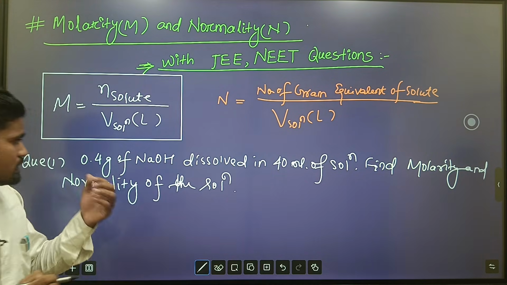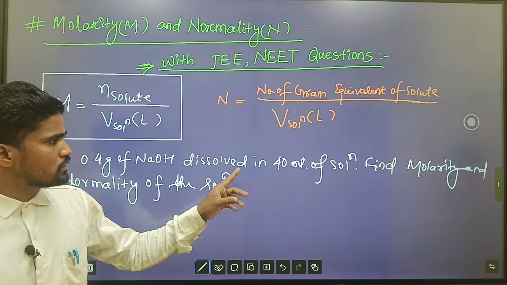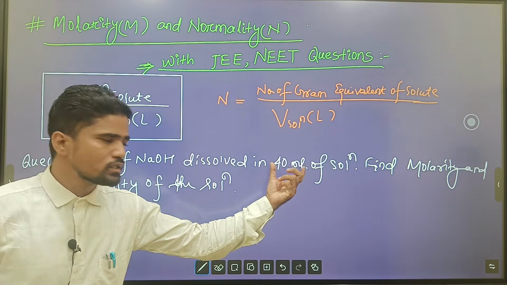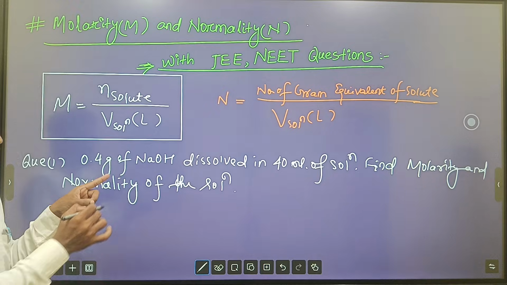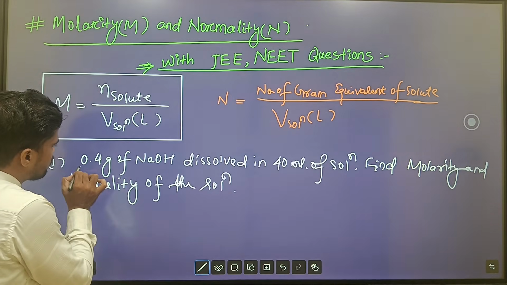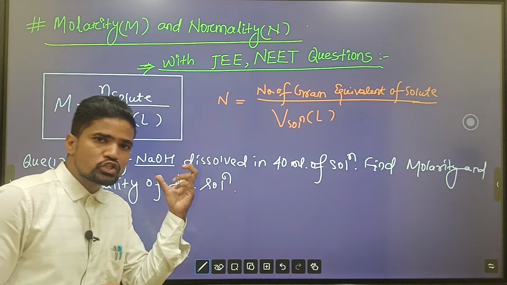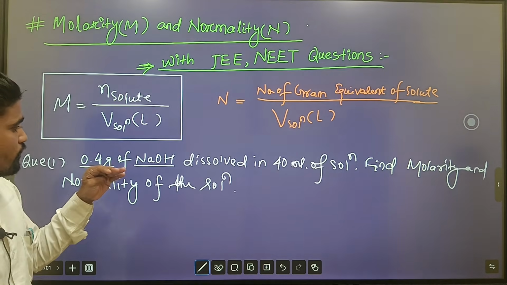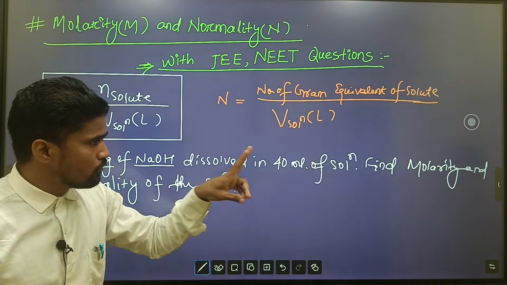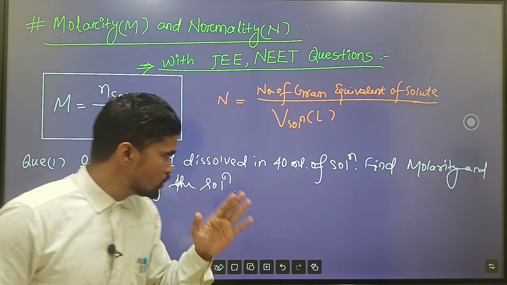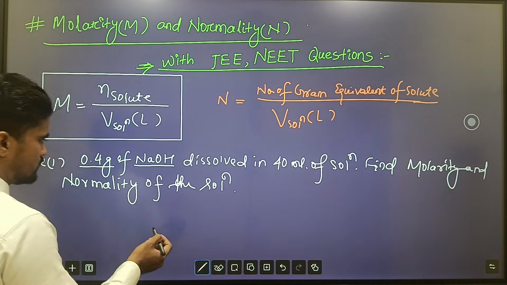That means here is given one solution of 40 ml, in which 0.4 gram of sodium hydroxide is dissolved. That is the solute. So we have to find both the molarity and the normality of that solution. Let's find how we can do that.